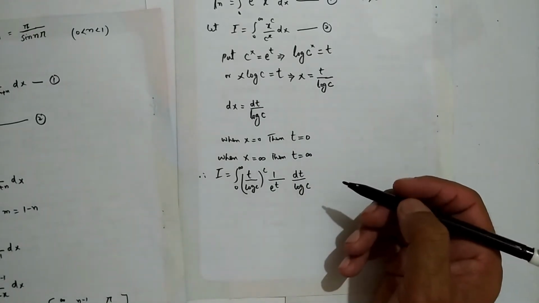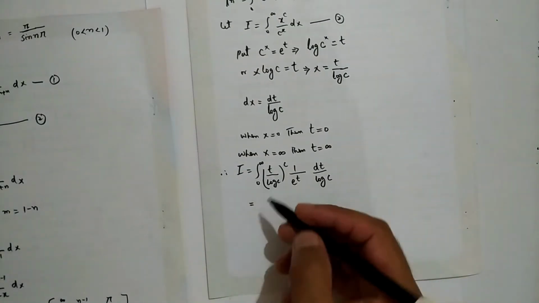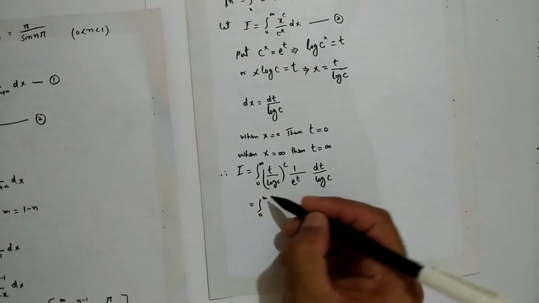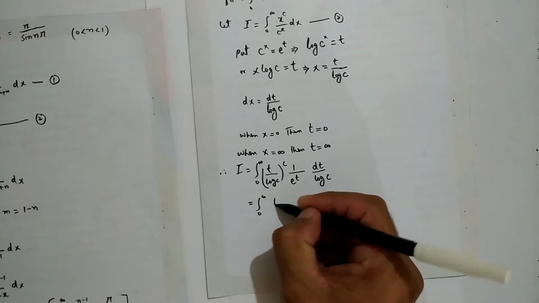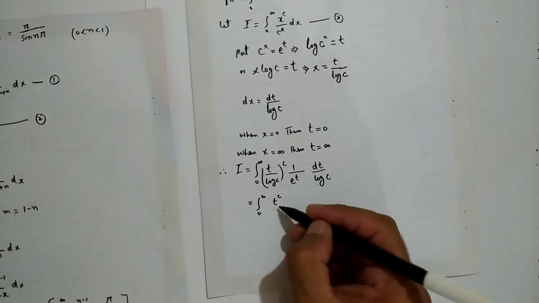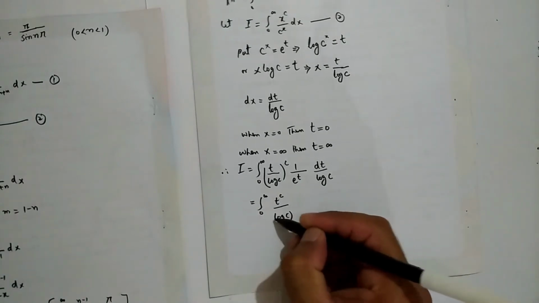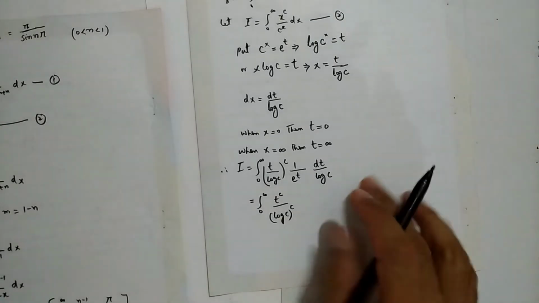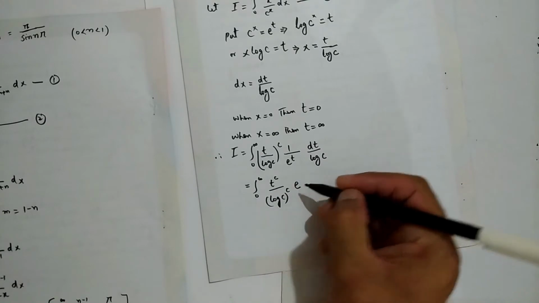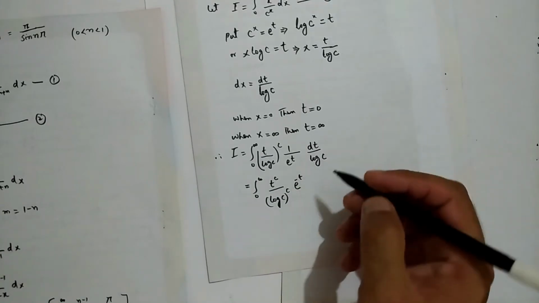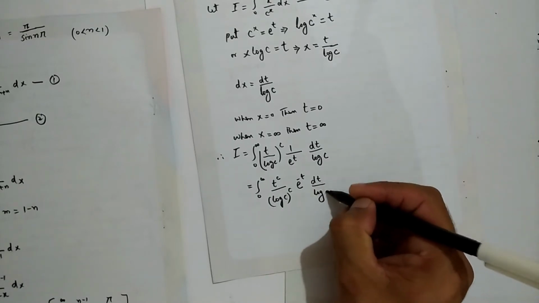Clear? Now this will become integral from 0 to infinity t to the power c divided by log of c to the power c, and this e to the power t will be brought up, so it becomes e to the power minus t, and dt upon log of c.